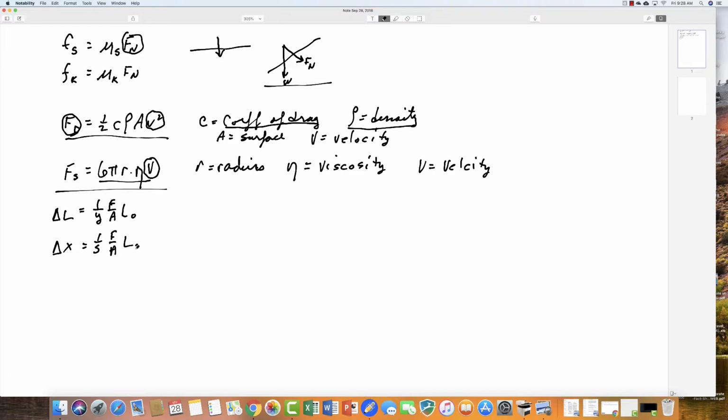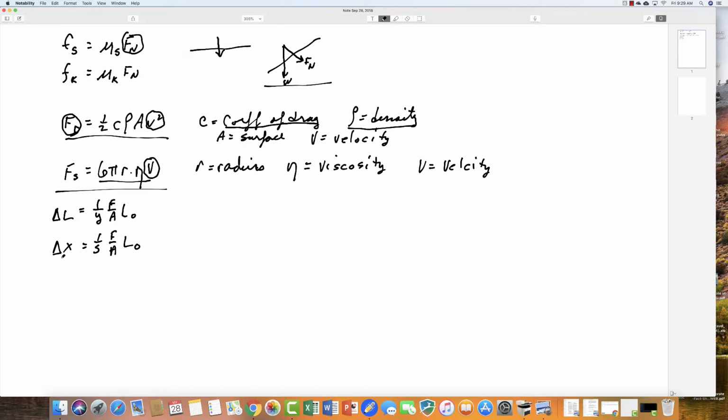These are the two equations that I want to look at. This one is called Young's modulus, and this is called the shear modulus. This tells you how much longer or shorter something becomes if a force is applied along the same axis as the length of the material.